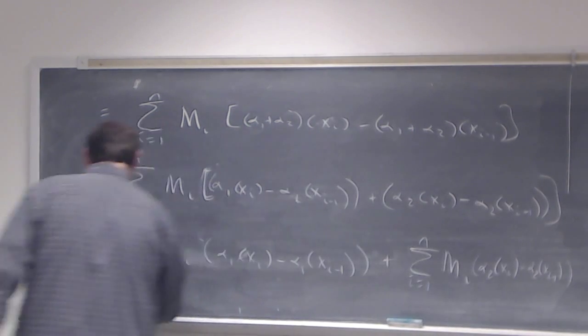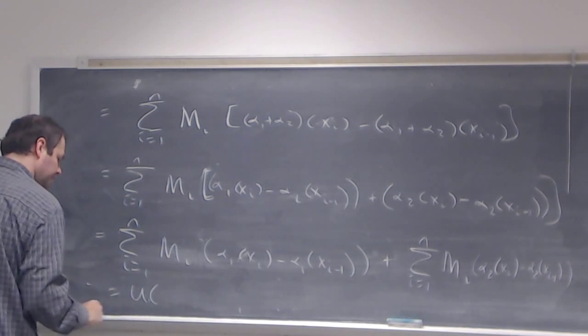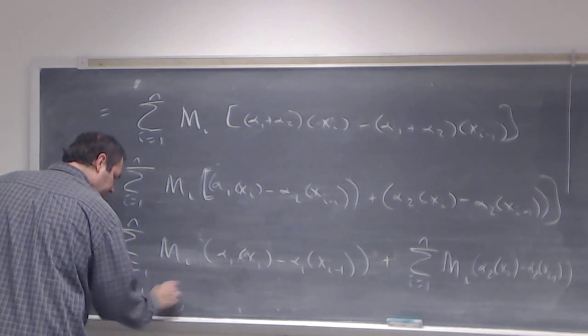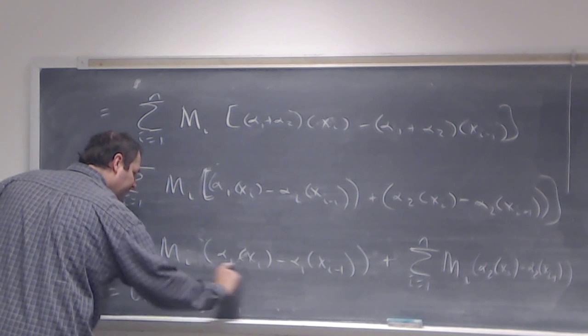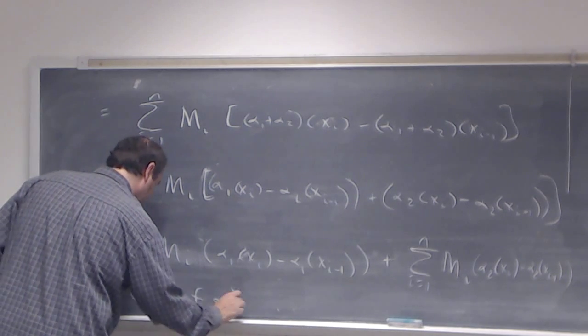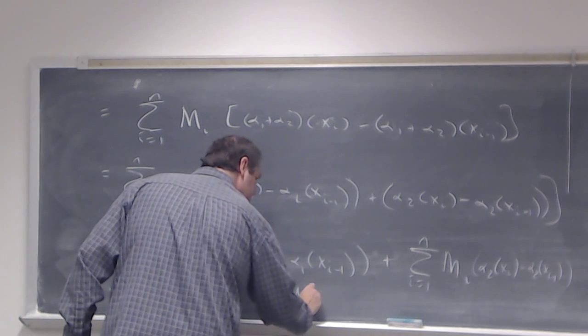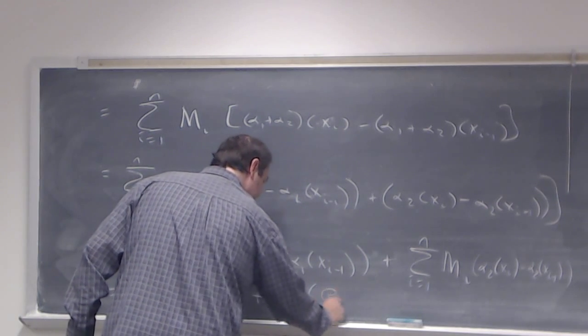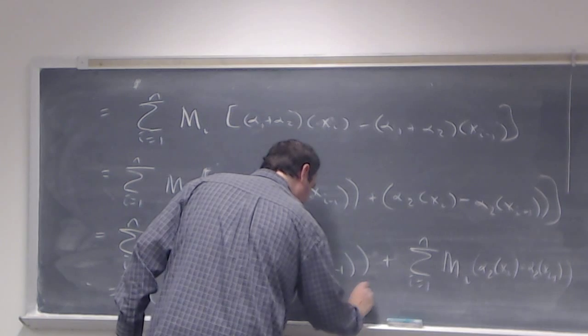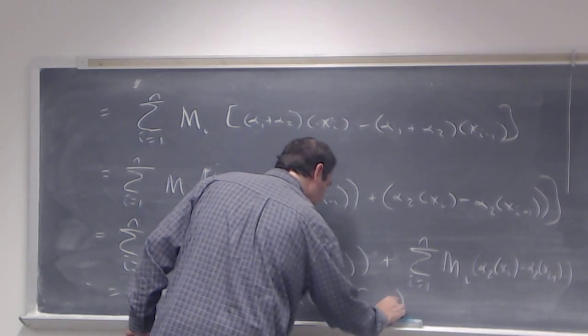And what this is, is the upper sum with the partition we're using, P, F, and alpha sub 1, plus the upper sum with the partition we're using, P, F, and alpha sub 2. So that's what we get.